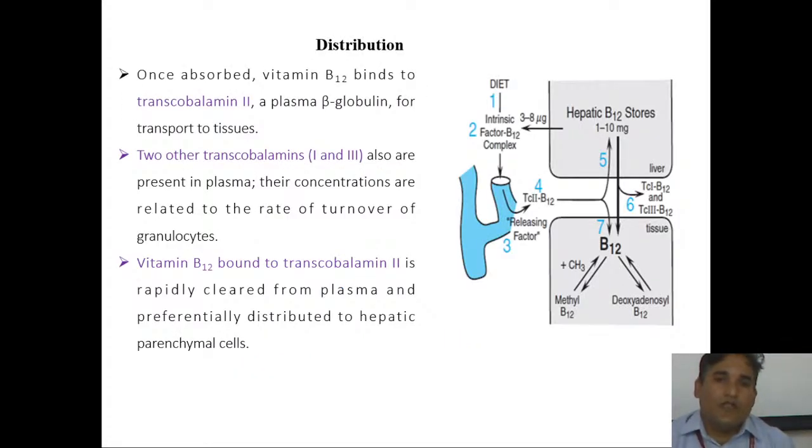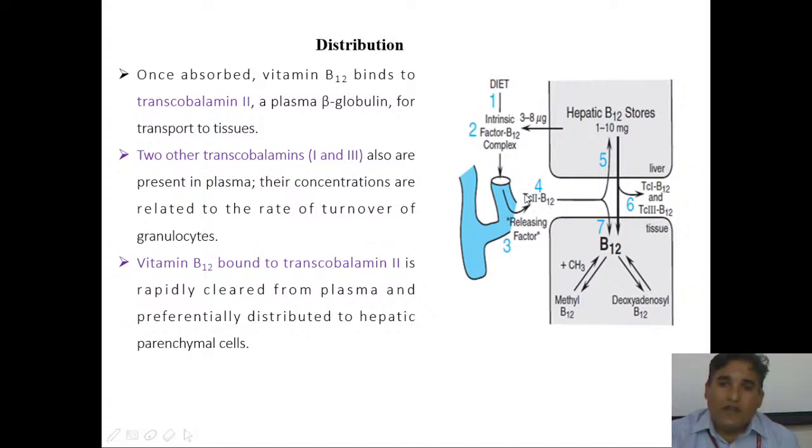Now comes the distribution, how vitamin B12 from the diet gets normally distributed. Vitamin B12 present in the diet makes a complex with the intrinsic factor that gets secreted by the GIT. And when this vitamin B12 and intrinsic factor get absorbed and released into the systemic circulation, it makes a complex with transcobalamin 2.